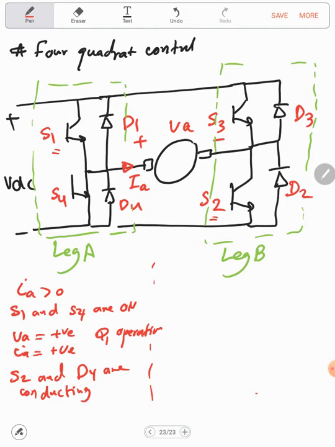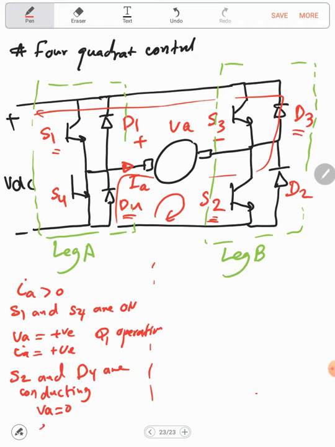If S2 and D4 are conducting, this means that the current freewheels via S2 and D4, which means that VA will equal 0.